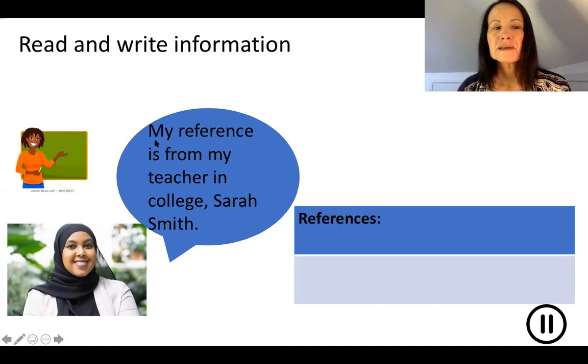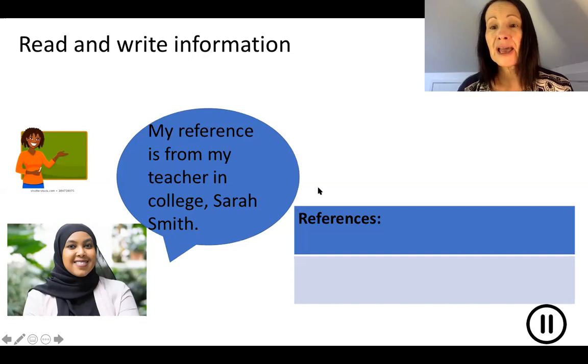She says, have a look at the picture again. Is this a picture of a chef? No, this is a picture of a teacher. So why have we got teacher? She says, my reference is from my teacher in college, Sarah Smith.